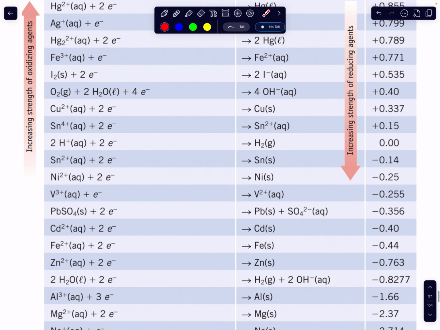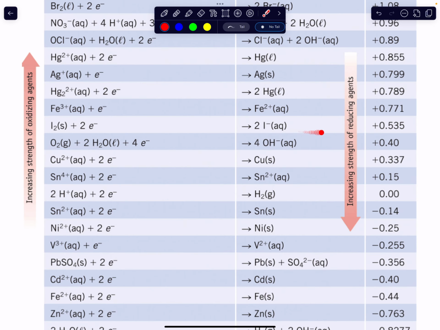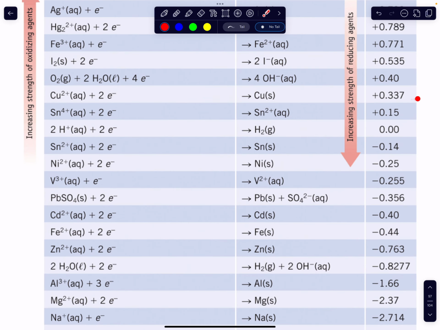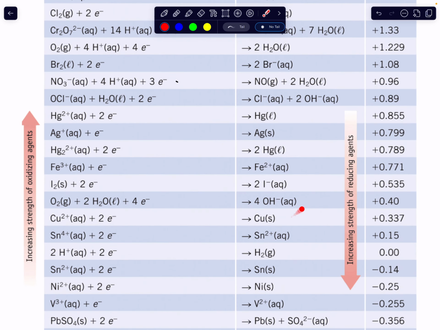Here's iodine minus and I2, and there is its reducing half reaction. And copper solid, there it is. Copper solid is below iodine minus on the table.